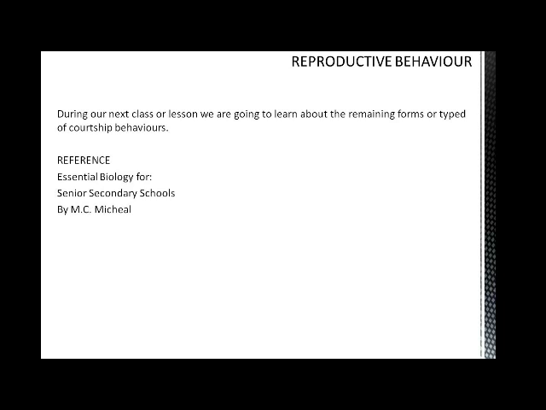I am with this drawing the curtain of today's lesson till we meet during our next class, where we are going to be looking at the other forms of courtship behavior that are left, for instance, territoriality and seasonal migration.